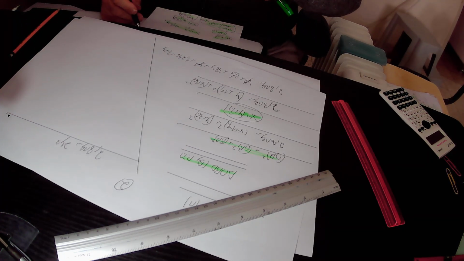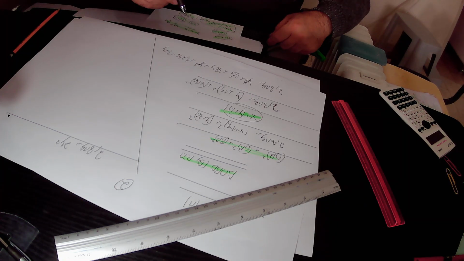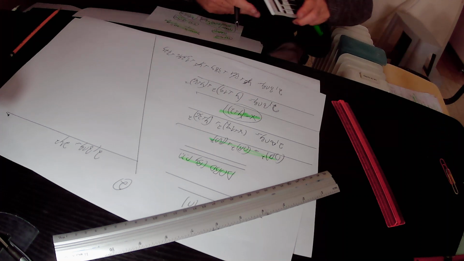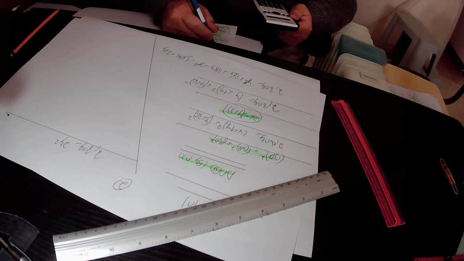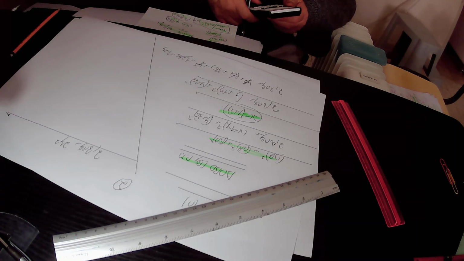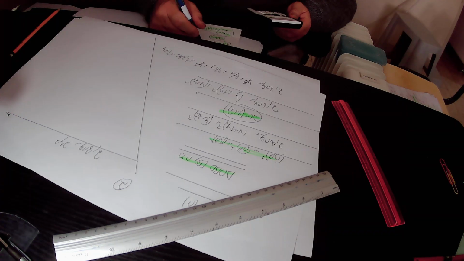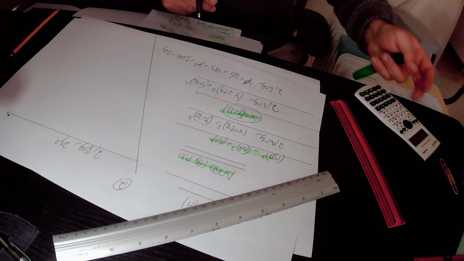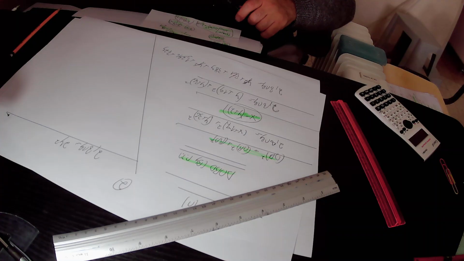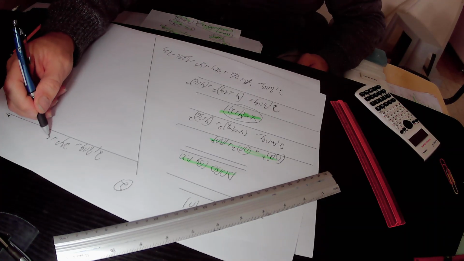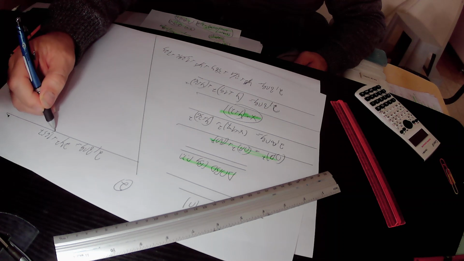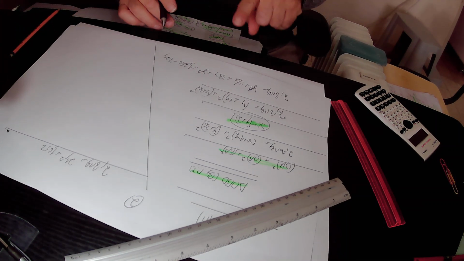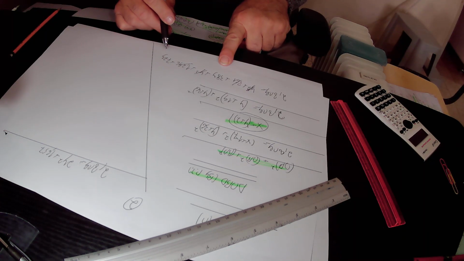We have 361 plus 1296. 361 plus 1296 is equal to 1657. We have also 38y plus 72y equals 110y.